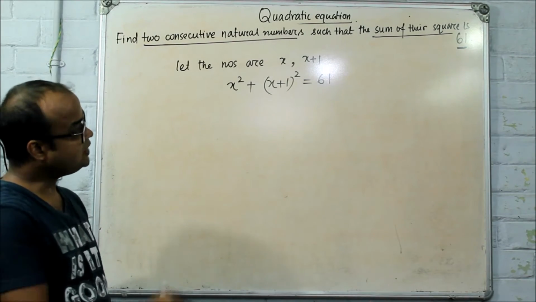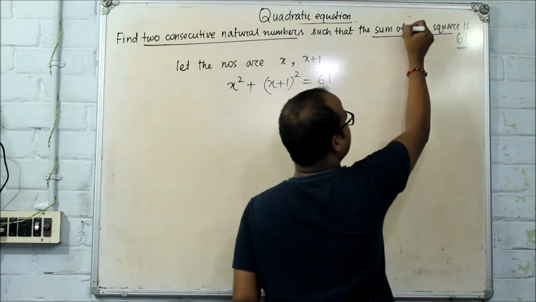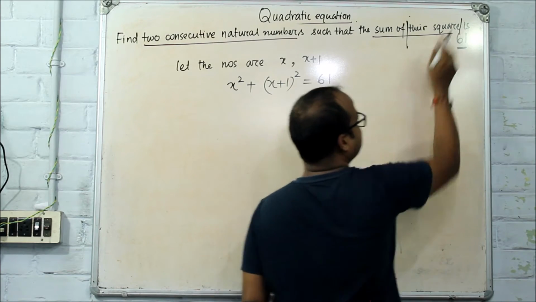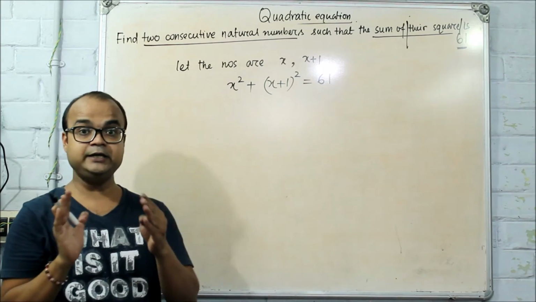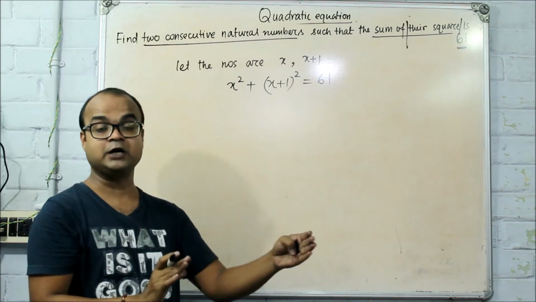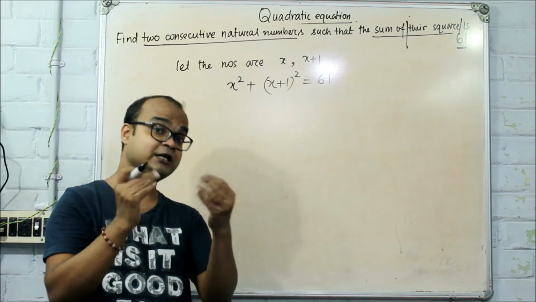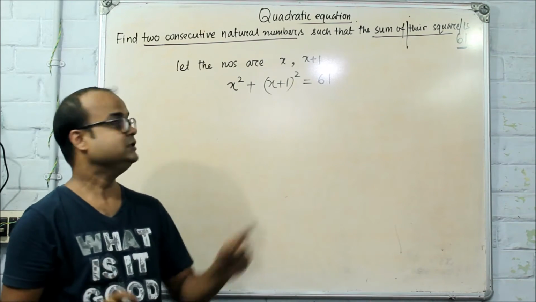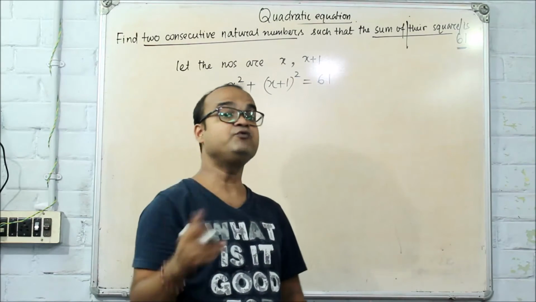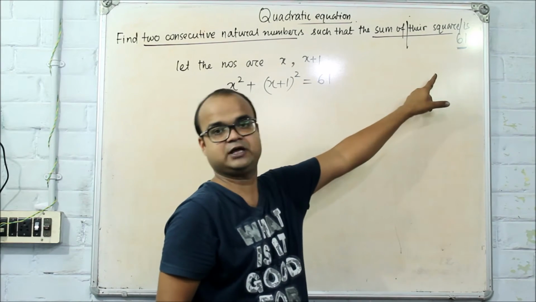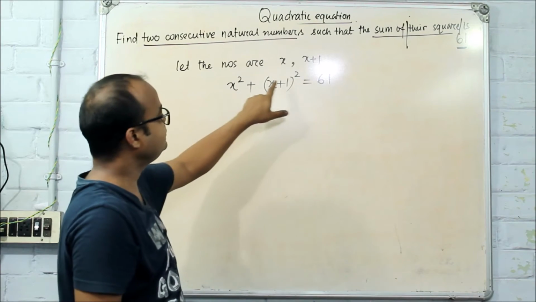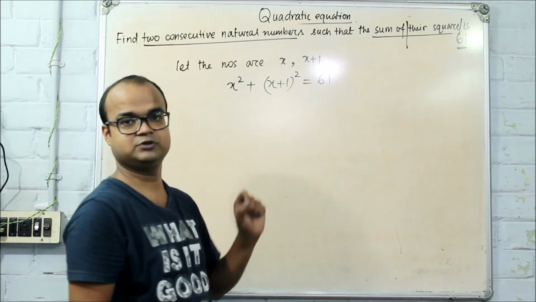Clear? Sum of what? Their squares. You need to divide the sentence into parts so that you can understand the meaning. Sum of what? Sum of their squares. Sum of their squares is 61.